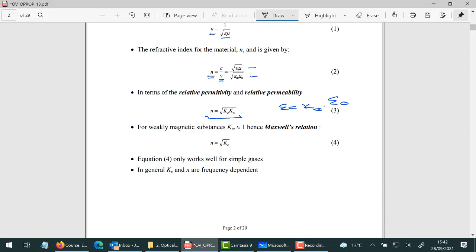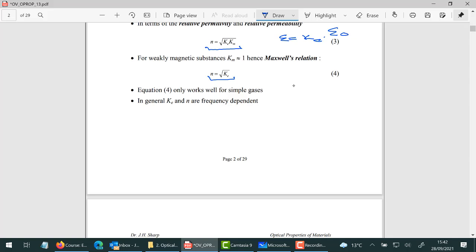But for the moment, for optical materials like glass, plastics, and so on, liquids, then the refractive index is roughly equal to the square root of kappa E. Now, this is a very, very gross simplification, and that equation 4 only works well for very simple molecules that are simple gases, elemental gases.